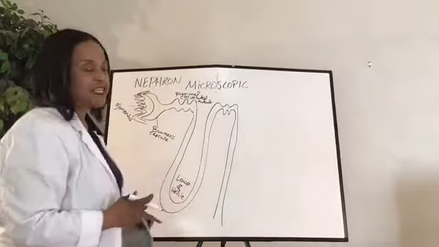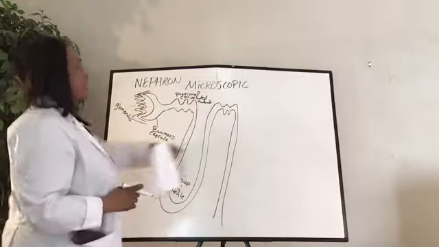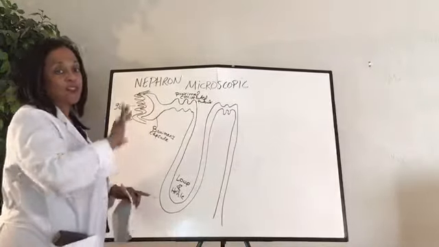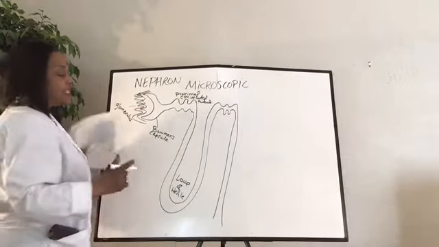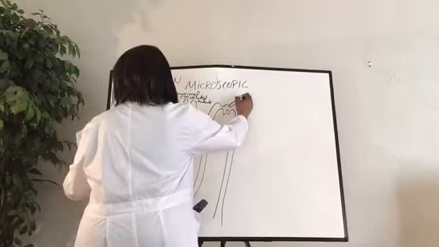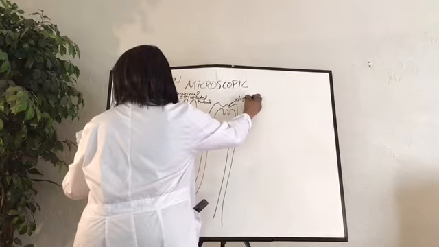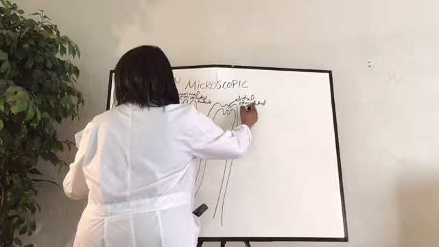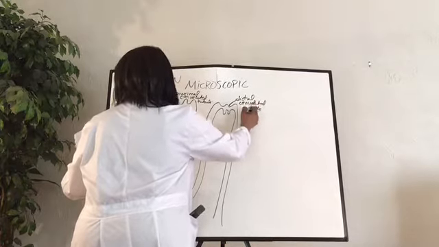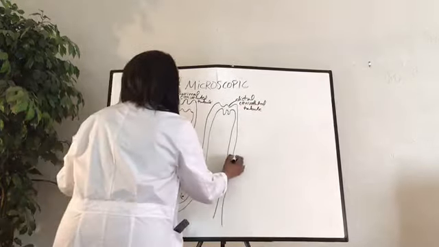Over here, since this is proximal, and that is also a convoluted tubule, but it's further away from Bowman's capsule, it's called the distal convoluted tubule. Then here, coming down here, is the collecting duct.